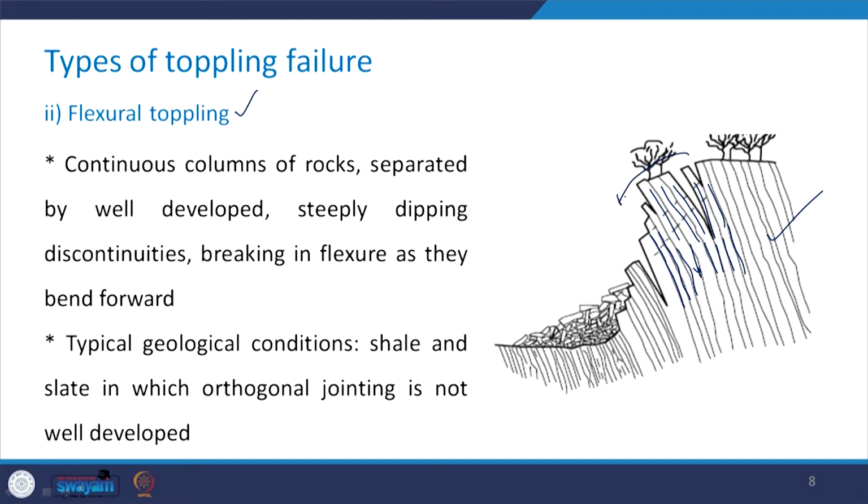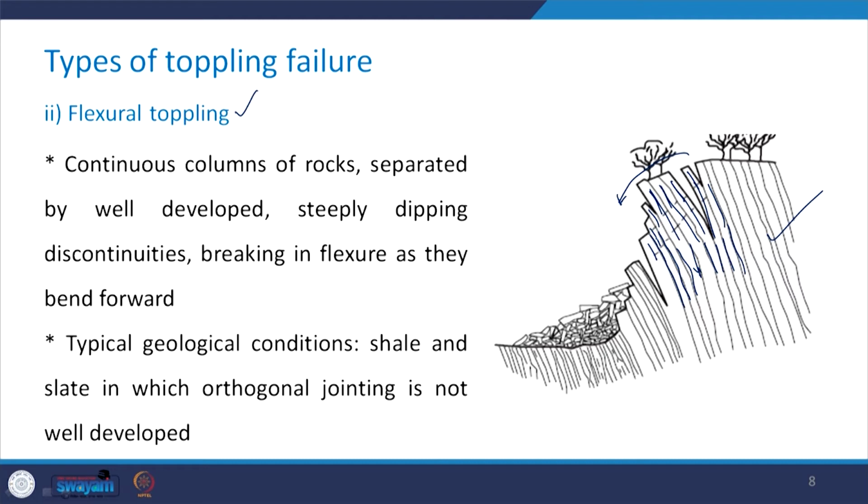So, this kind of rotation is going to take place, and these columns are going to experience flexion. The typical geological condition in which this type of toppling failure can occur is shale and slate, in which orthogonal jointing is not very well developed.